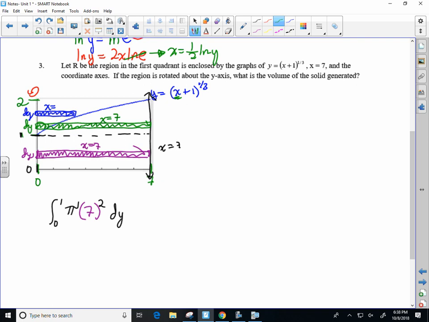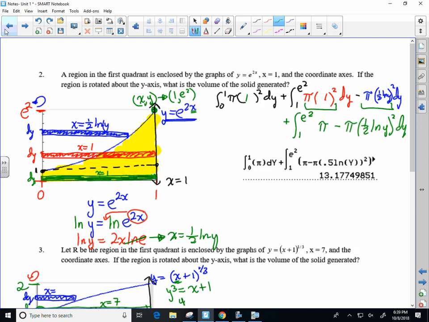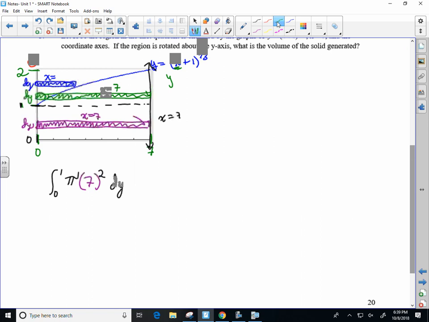So cube both sides, y cubed equals x plus 1. And then subtract the 1, we have y cubed minus 1 equals x. All right, so x equals y cubed minus 1.